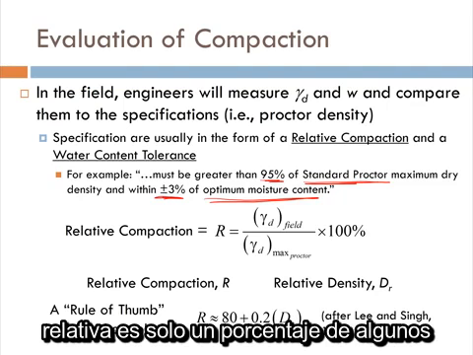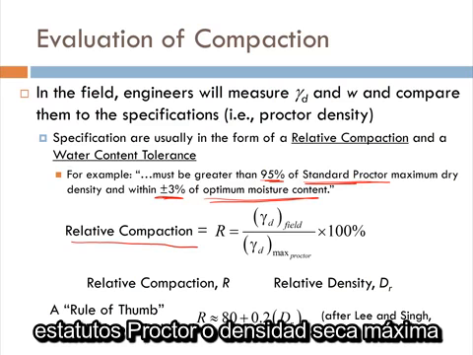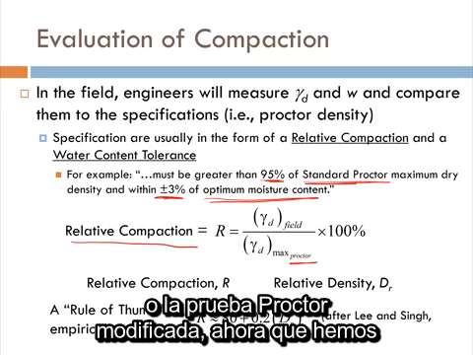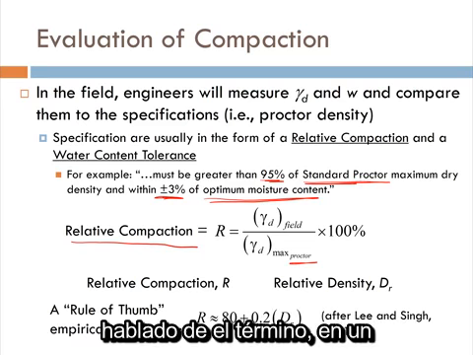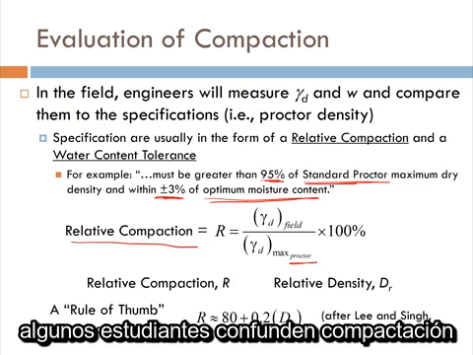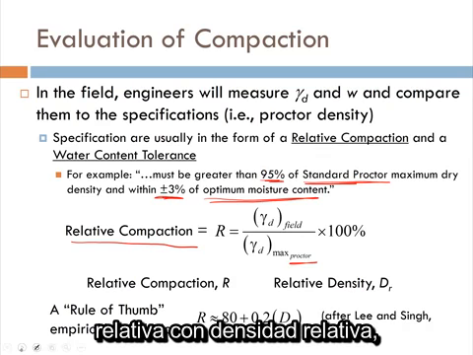So remember, a relative compaction is just a percent of some stated Proctor or maximum dry density from a Proctor test, either the standard or the modified Proctor test. Now, we've already talked about a term in an earlier lecture called relative density. Some students confuse relative compaction with relative density.